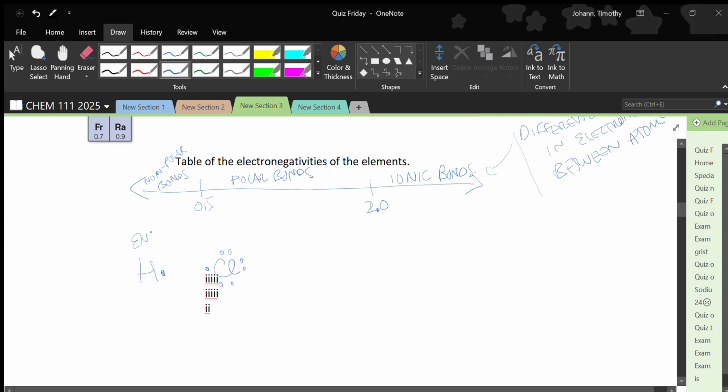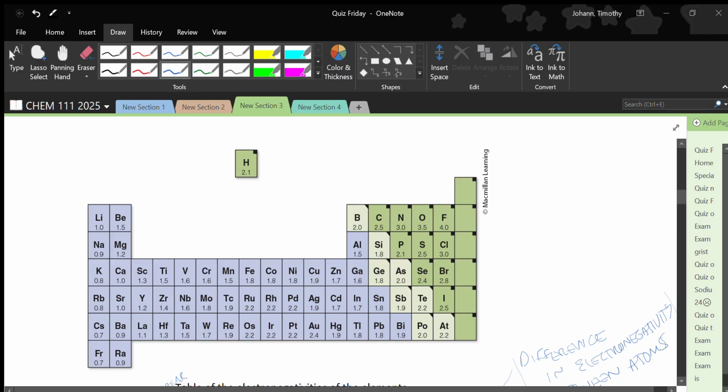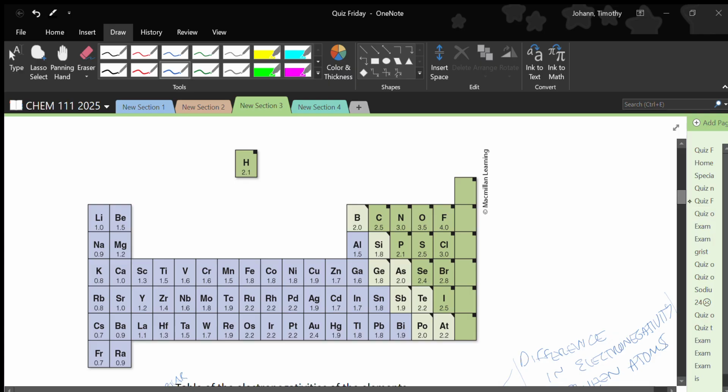The electronegativity for hydrogen is 2.1. We'll see it up above, and then we'll look up the electronegativity for chlorine. It's 3.0. I don't know if you can see that, but that's a 3.0 there. If you look up the notes later, you'll be able to see that. That figure is also in your book.